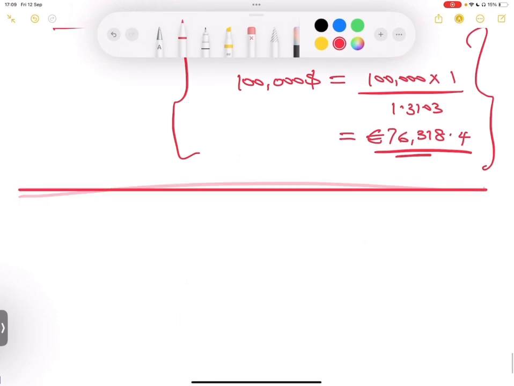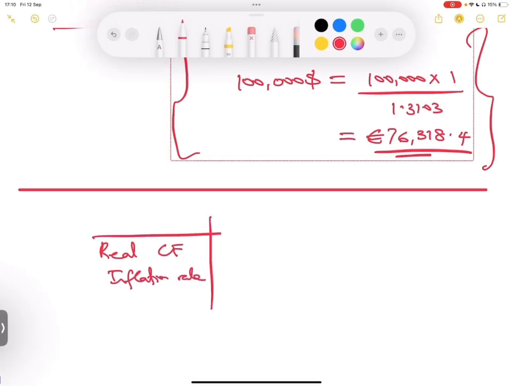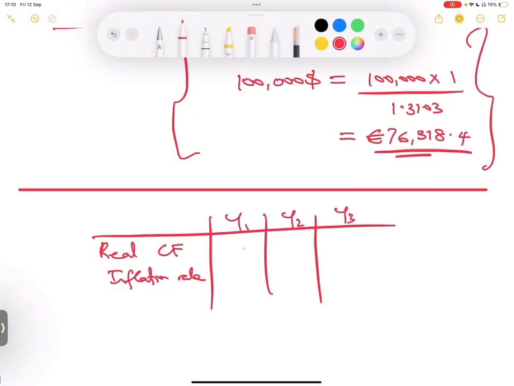Inflation, I'm not going to touch on inflation again. It's not different from what you know in FM, how to apply inflation. Remember, if you have inflation for second year, let's just test it. Let me not assume you're perfect with it. If I give you real cash flow and inflation rate, let's say year one, year two, year three.